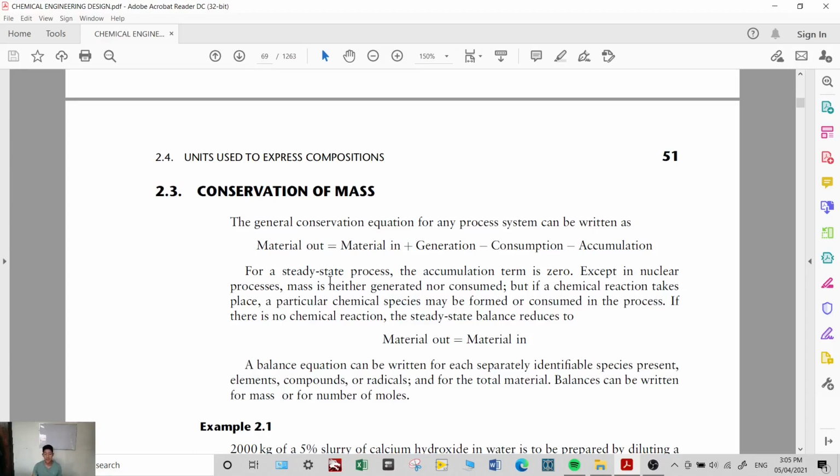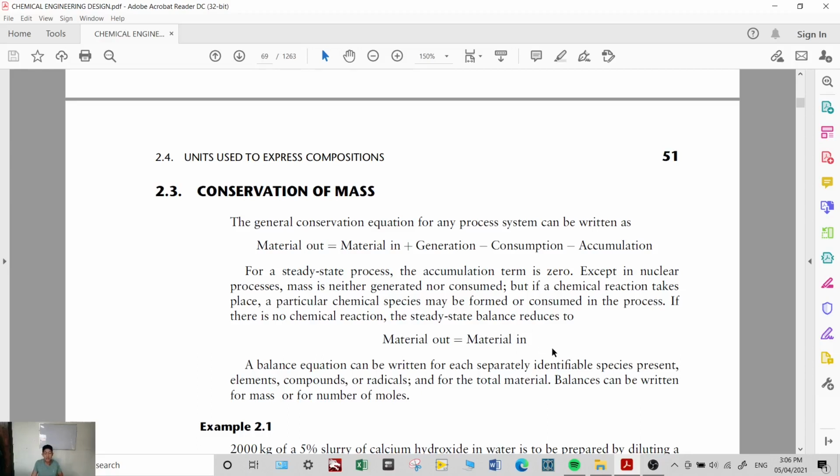Now, for the steady state process, there will be no accumulation, because the parameters in the system do not change for a steady state process. As well as, if there is no chemical reaction, what will happen to this equation? You now have material in is equal to material out, or mass in is just equal to mass out.